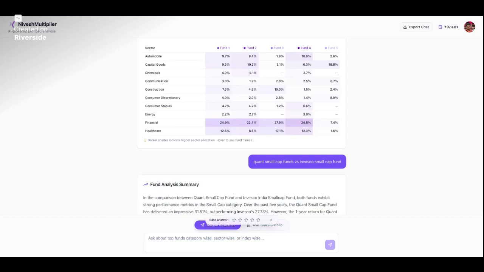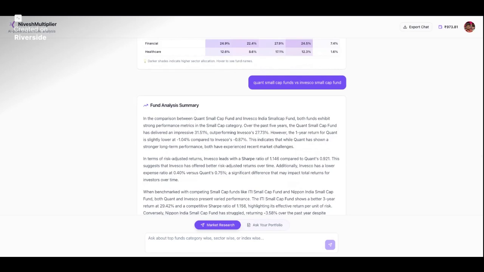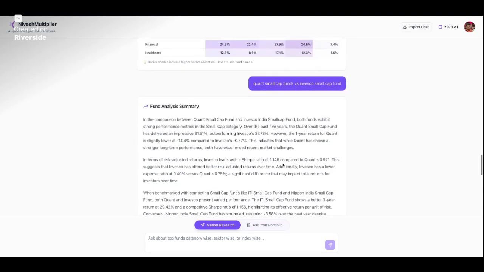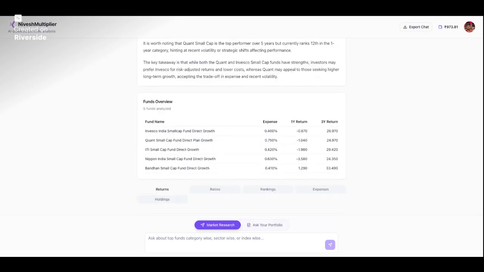After analyzing the data, it gives a whole AI generated answer with lots of data points. Right now, along with the funds that you are asking about, it is also giving you funds which you might be interested in as well.